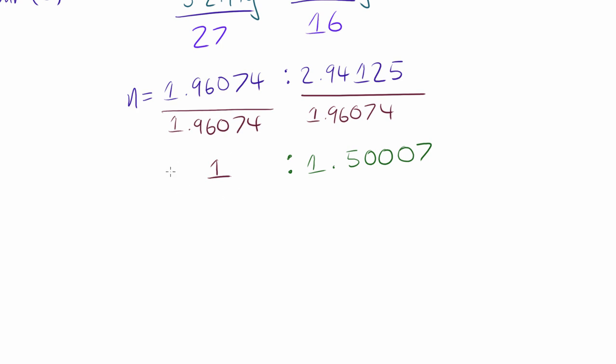So to multiply it by 2, and of course, if this wasn't the case, if we were dealing with something like, I don't know, a 1.75 or a 1.25, it may not simply be a simple case of, okay, multiply it by 2 and sort this out, right? But in this case, this is what we're dealing with, a 1.5, right? Okay, so multiplying both sides by 2, we're going to get a 2 here, and here we're going to get a 3.00014.